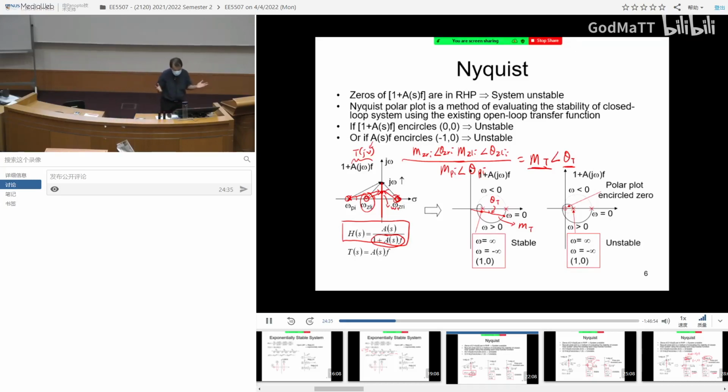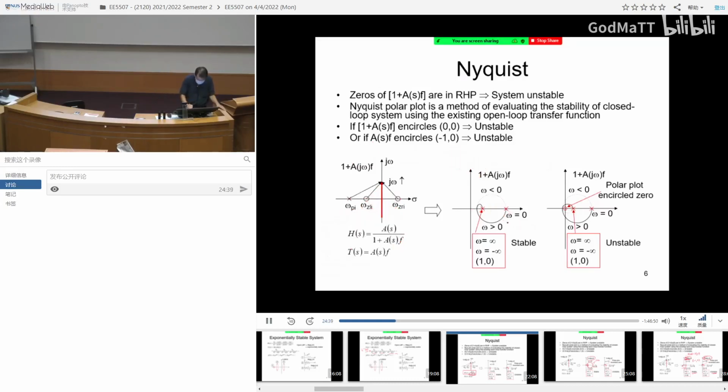I don't need to factorize anything. If you keep doing that, when omega is bigger than 0, the plot will go clockwise in this manner. If you go omega equals negative, you go in this manner. That is how you plot it, and we call this the locus.